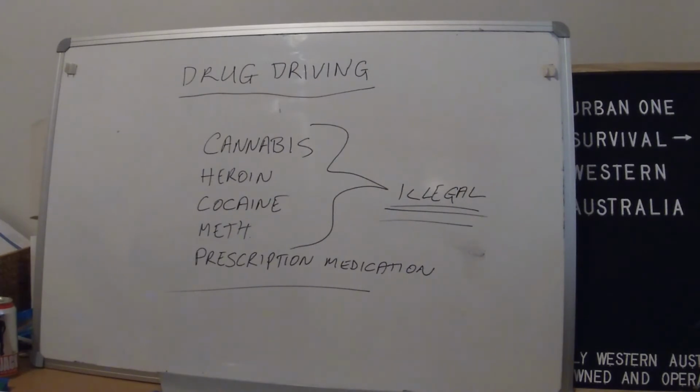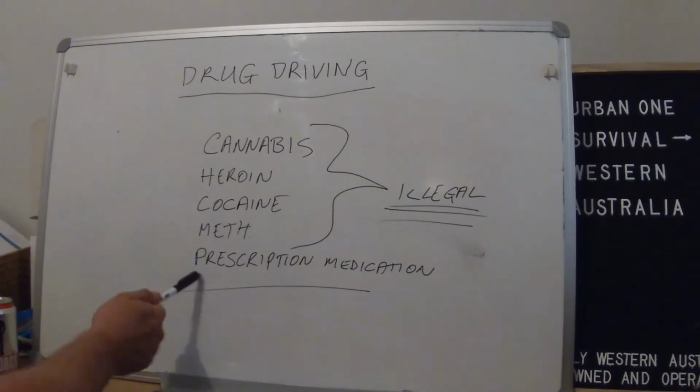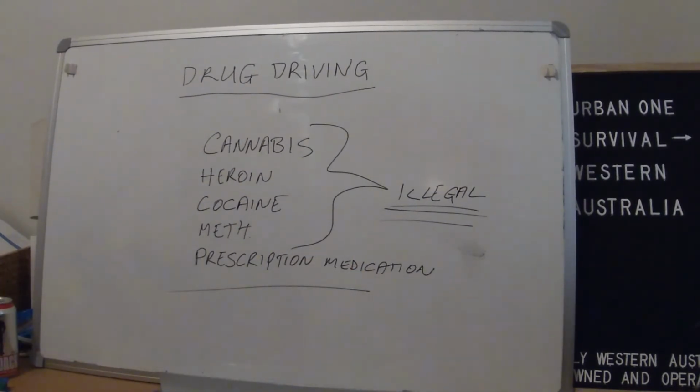However, you need to check with your doctor prior to driving if you're on something that's going to give you a reading that makes it deemed that you're drug driving. You also don't want to have a prescription medication in your vehicle that is not in the packet that has your name on it, because that is also a separate offence.